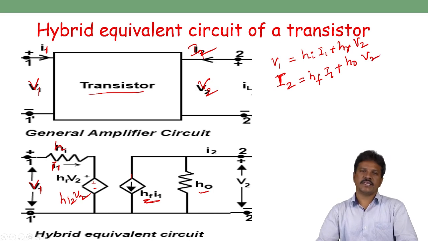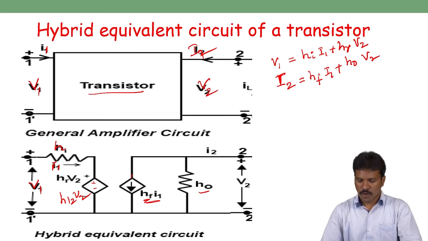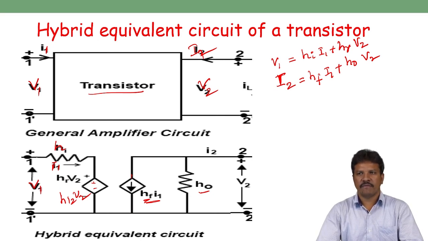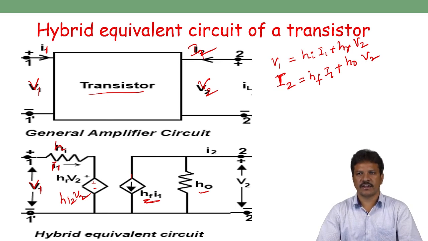This is the representation for the H parameter model when we use a transistor in the model. Now, in spite of the connection, we can consider this H parameter model notation HI, HR, HF, H0.